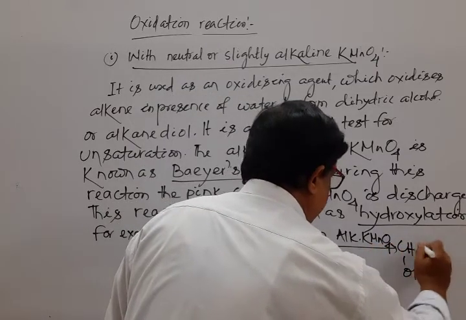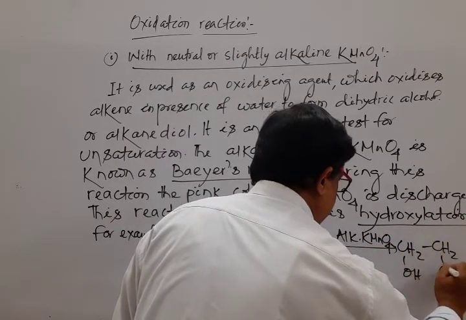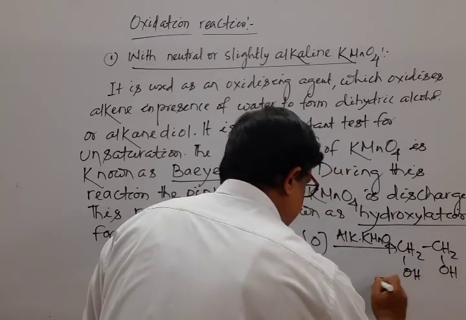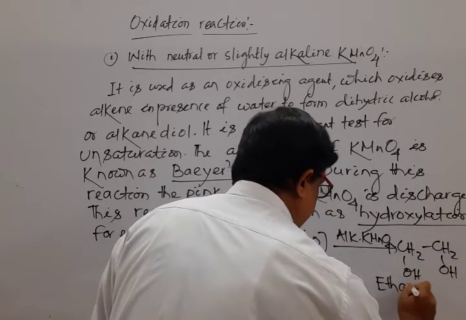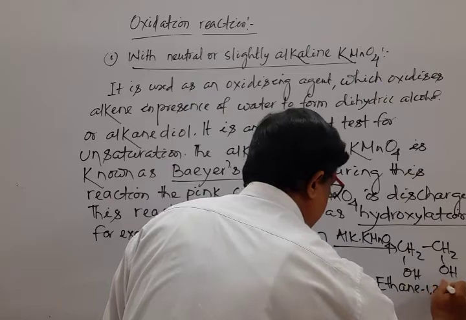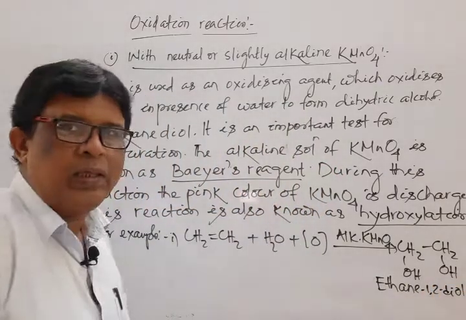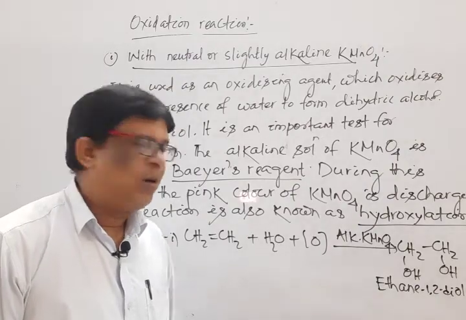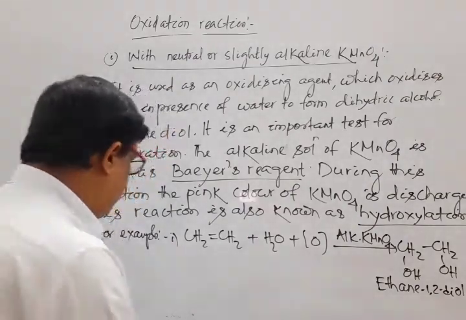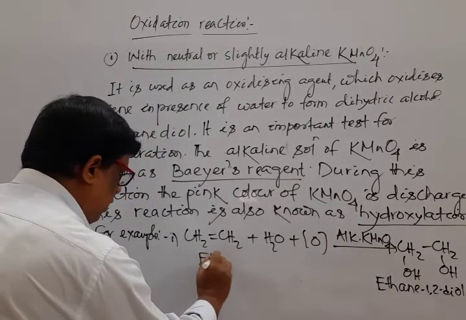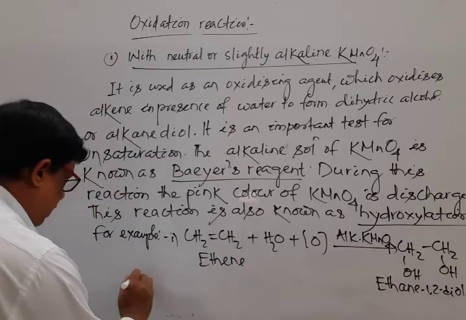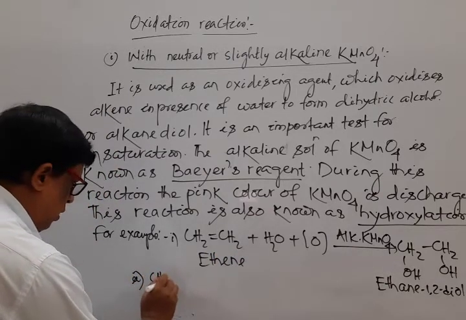CH2OH, CH2OH. Its name is ethane-1,2-diol. Common name is ethylene glycol or ethane-1,2-diol. The starting alkene is ethene.